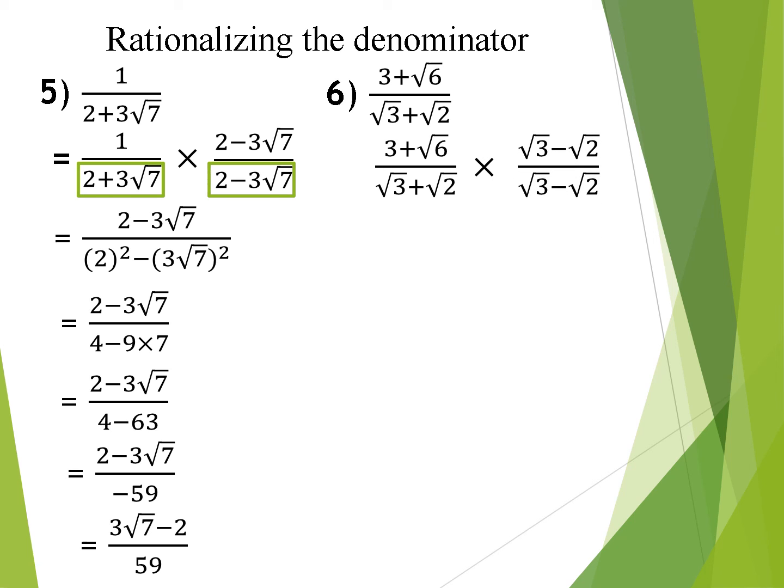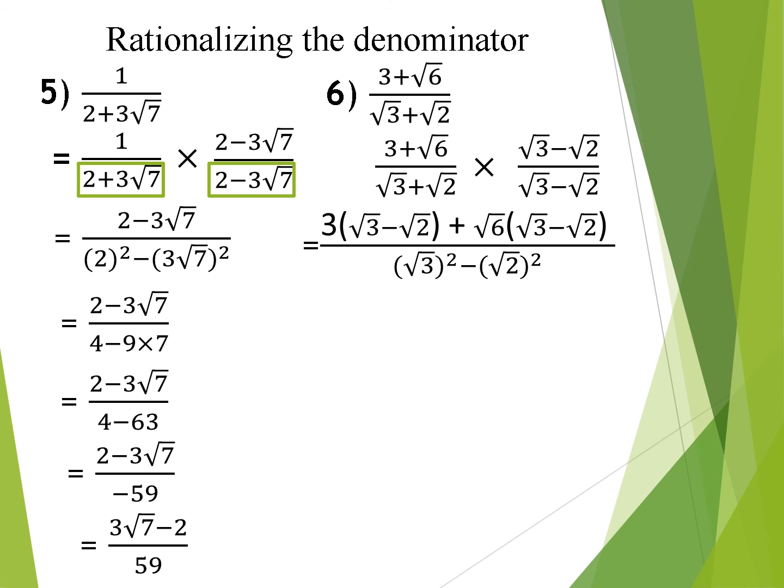Right? Now on simplification, here we will apply the distributive property. How do we do this? We have done this in expansion. So applying the distributive property, we will get 3 into root 3 minus root 2 plus root 6 into root 3 minus root 2 upon a square minus b square, that is root 3 square minus root 2 square.